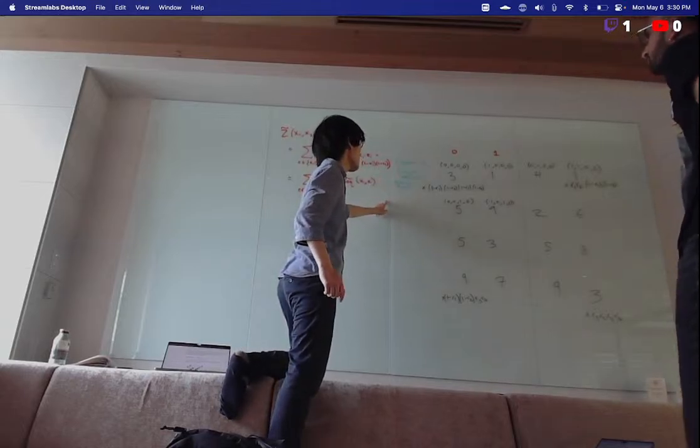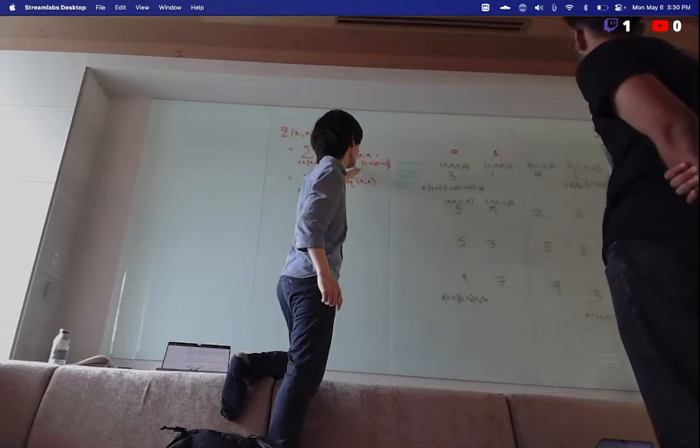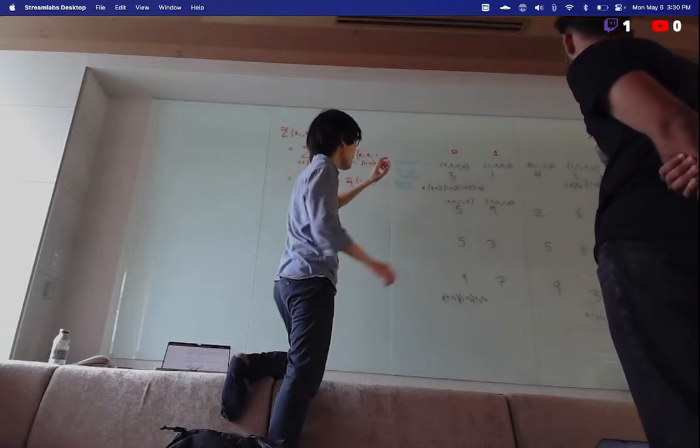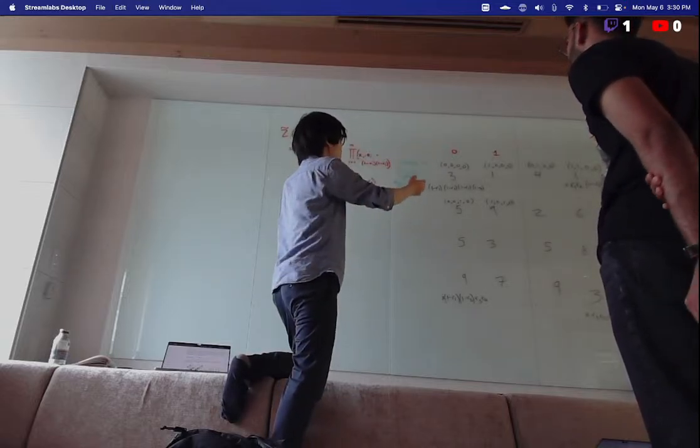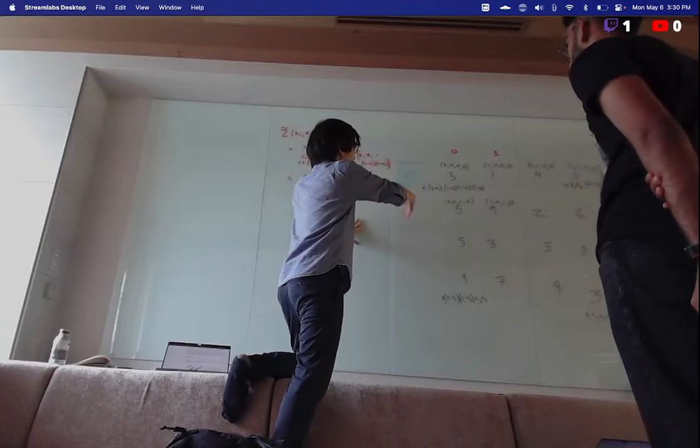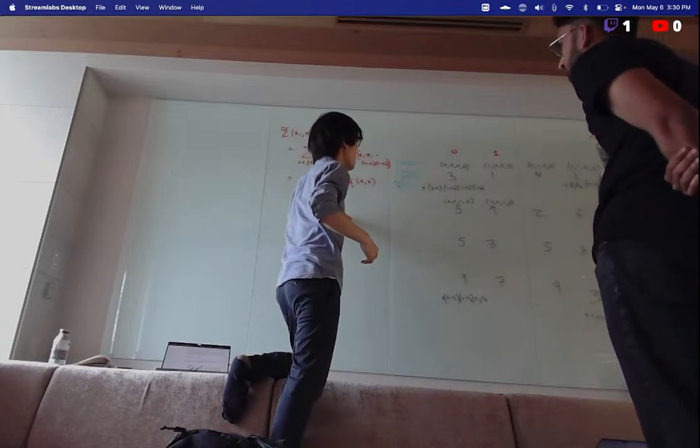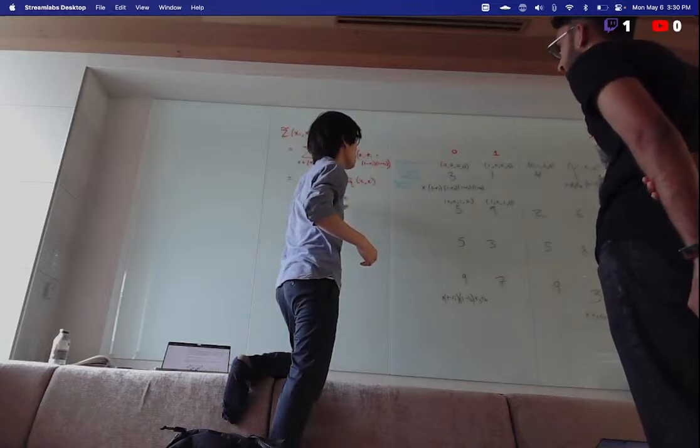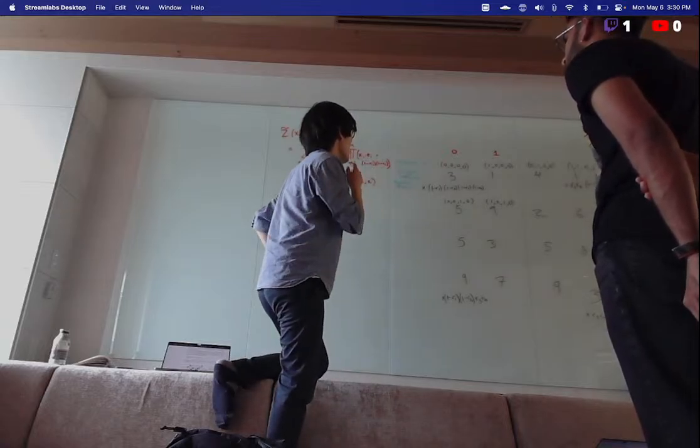Instead of computing this equation directly, we separate it into a kind of square form, so we can reduce the computation cost to the square root of n. Exactly.